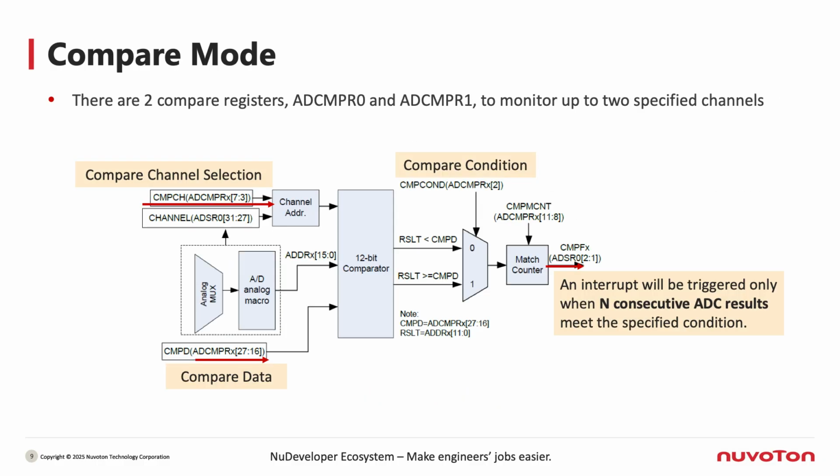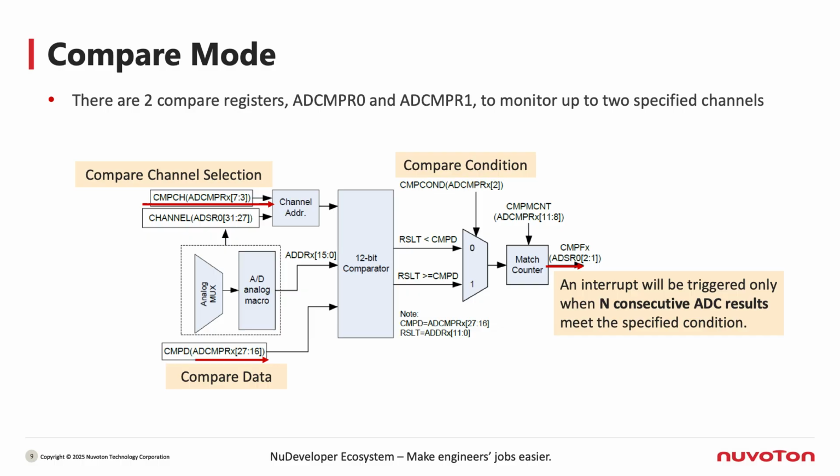The ADC supports compare mode, which functions similarly to an analog comparator. This feature uses two sets of comparison registers, ADC MPR0 and ADC MPR1, where you can configure the comparison channel, which is CMPCH, the comparison value, which is CMPD, the comparison condition, which is CMPCOND, and the number of consecutive matches, which is CMPCNT.